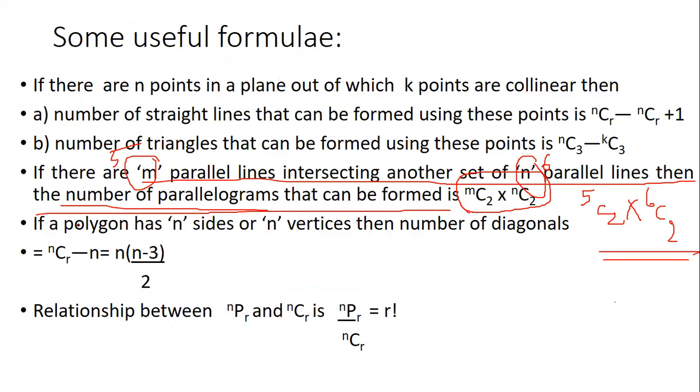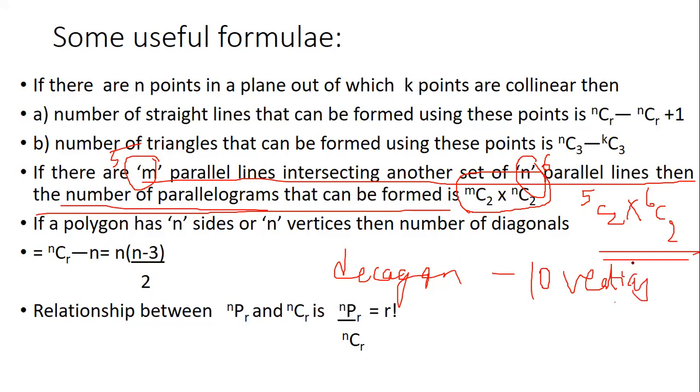Now see here, if a polygon has n sides or n vertices, now we have something called a decagon, correct? So decagon has 10 vertices or 10 points.